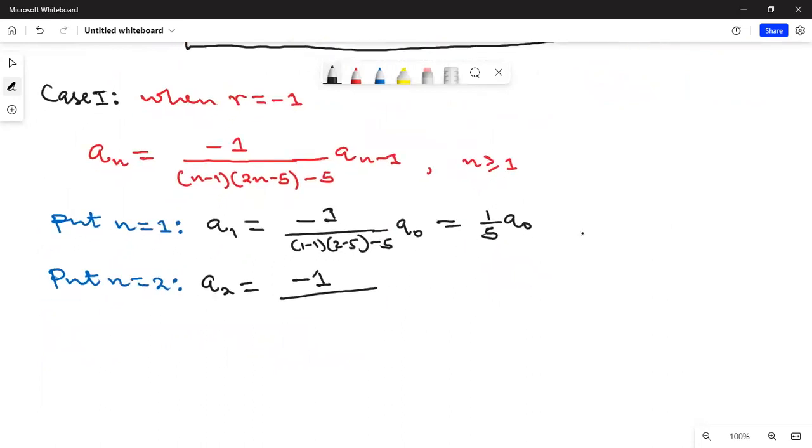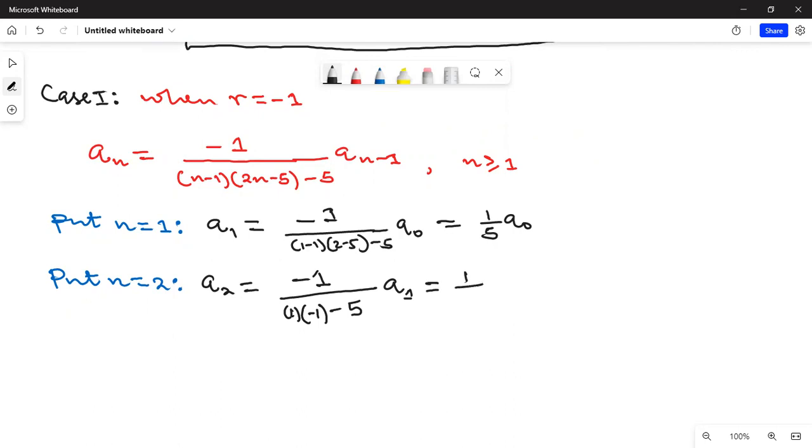So now n minus 1, that will give us 2 minus 1, which is 1, times 4 minus 5, that's -1. Then again minus 5 times a1. And so denominator, that's -1 minus 5, that's -6. -1 over -6, that's 1 over 6.